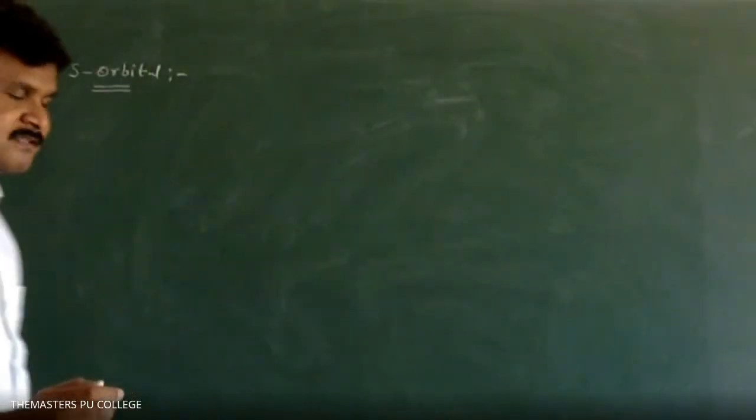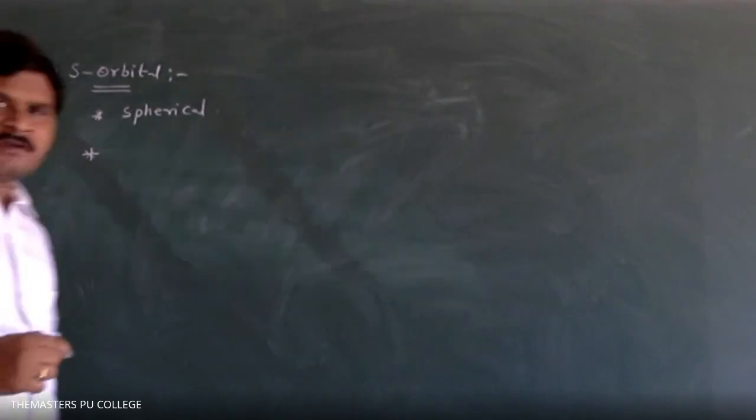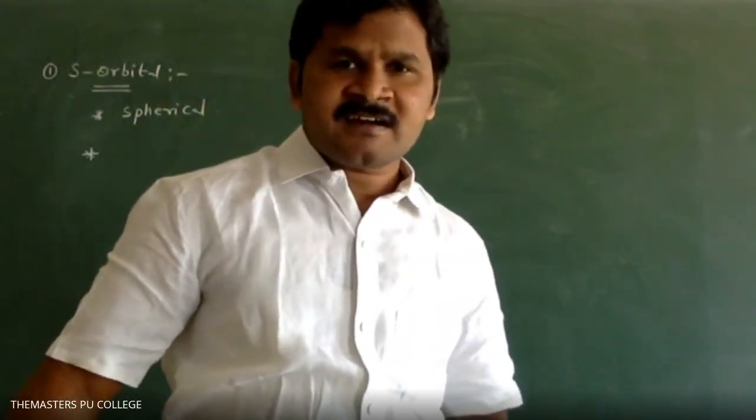S orbital shape what? Spherical shape. Very good. What about the direction of s orbital? Directional or non-directional? Think. Non-directional.